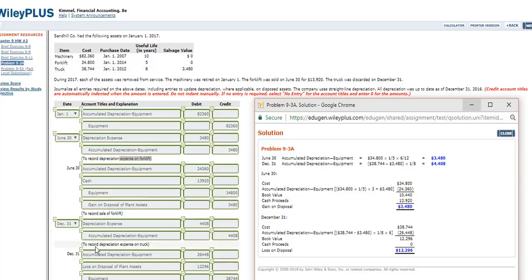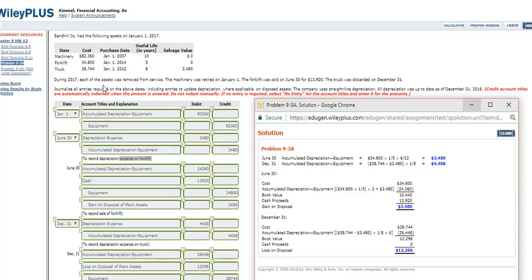So, for the truck, to record the depreciation expense, we put the date, which is December 31st. The first account is the depreciation expense, just like we did right here with the forklift. And the second is the accumulated depreciation equipment. To calculate that, we will subtract from the cost of the truck the salvage value that we have right here.